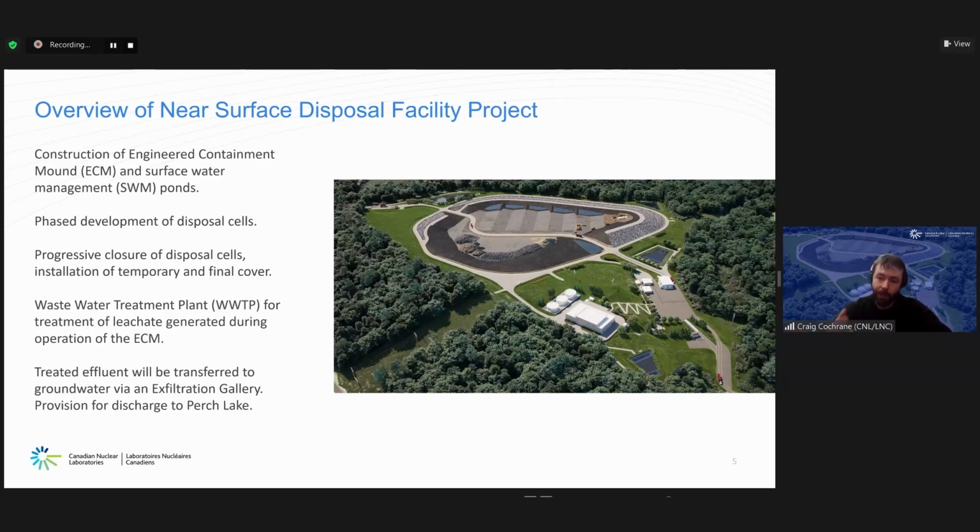And that's just a slow seepage from the site of that treated water. And in the case that the exfiltration gallery is not available for some reason, high groundwater, maybe in the spring when we get lots of snow, or maybe we have a massive storm event and the infiltration just can't keep up, we have a secondary discharge route where we have a direct discharge via diffuser to Perch Lake.